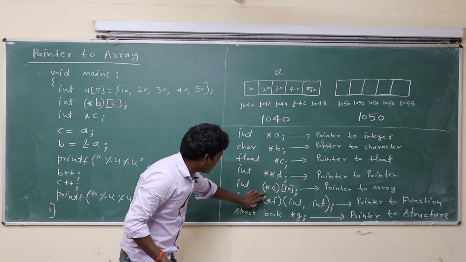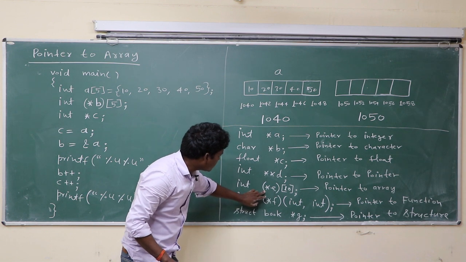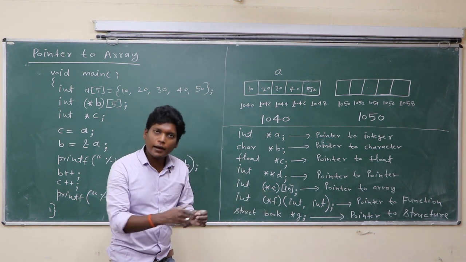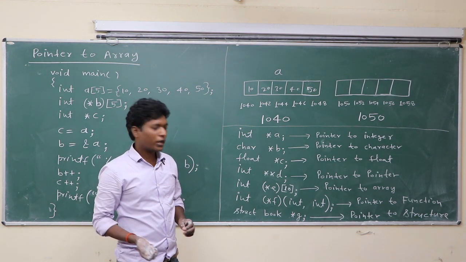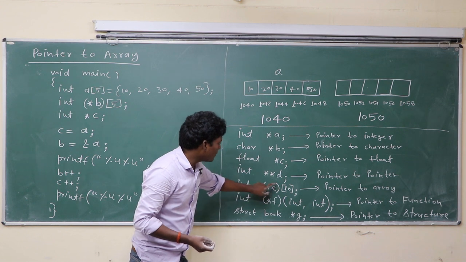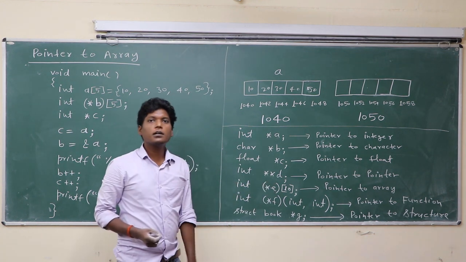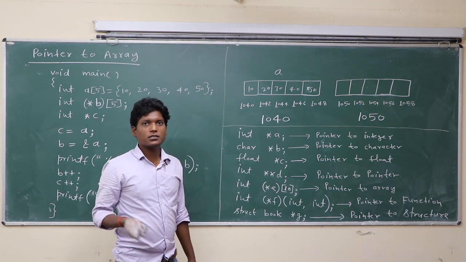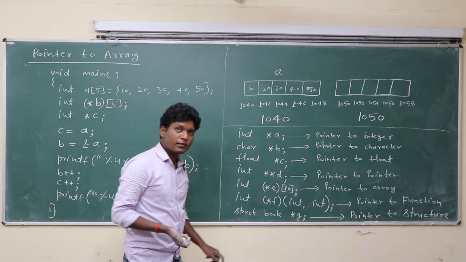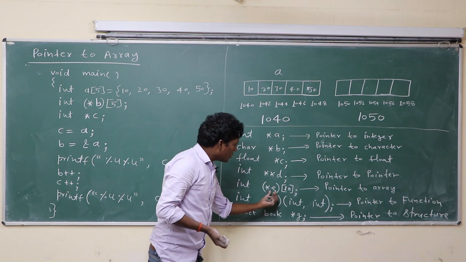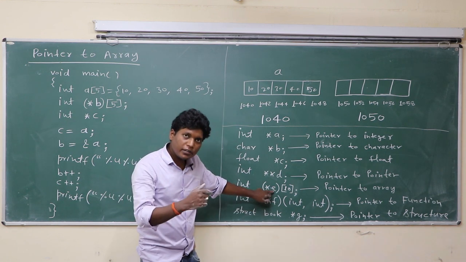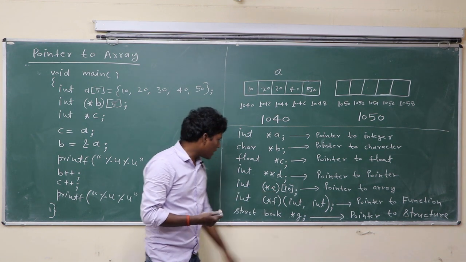When you remove the small bracket from here, then it will be the array of pointers. But when you apply the small bracket here, then this E is pointer to array. Okay class?